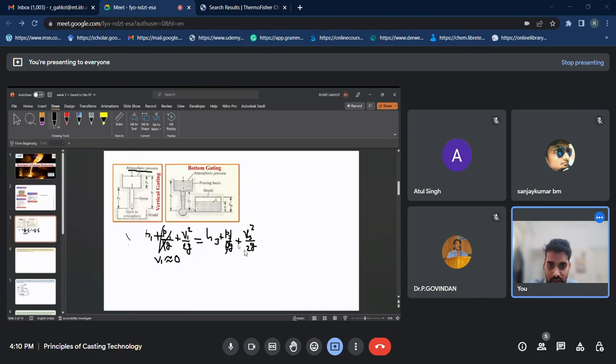And then the velocity at point 1 can be approximated as 0.